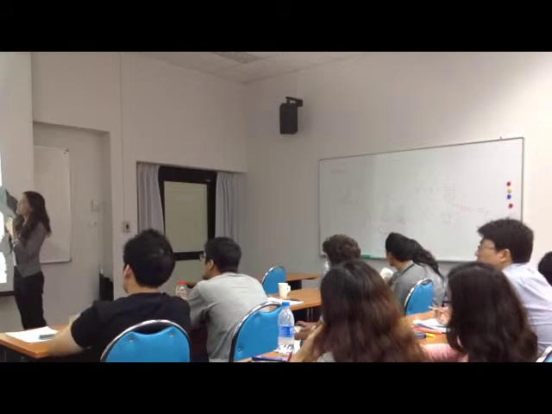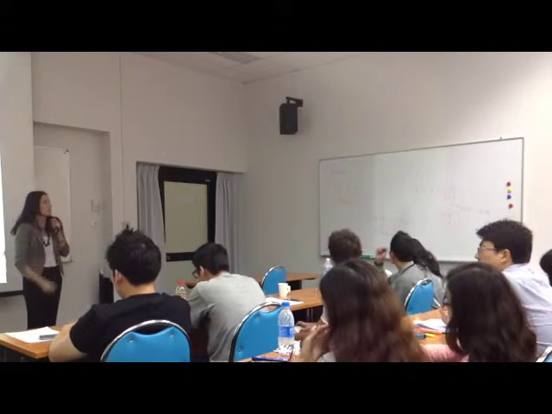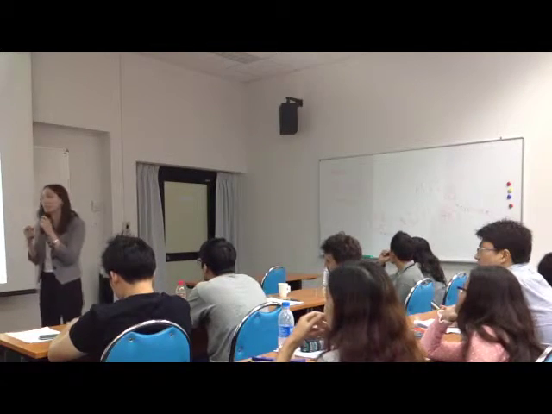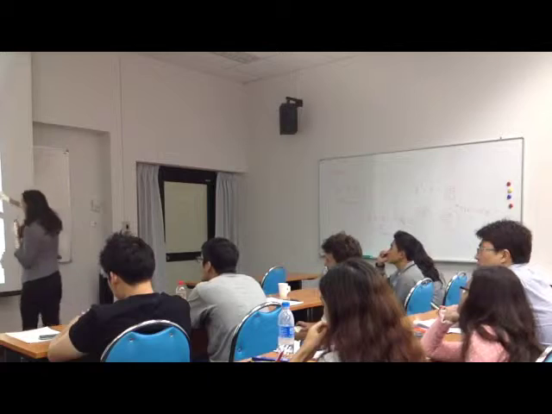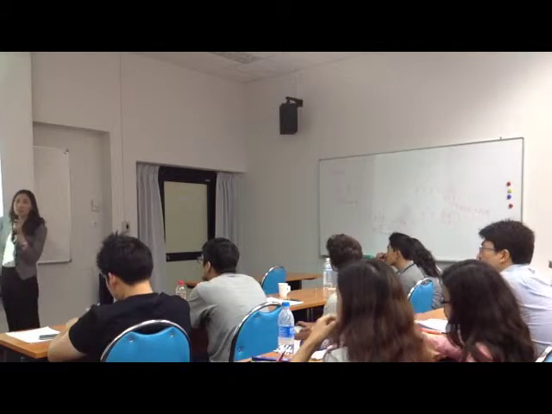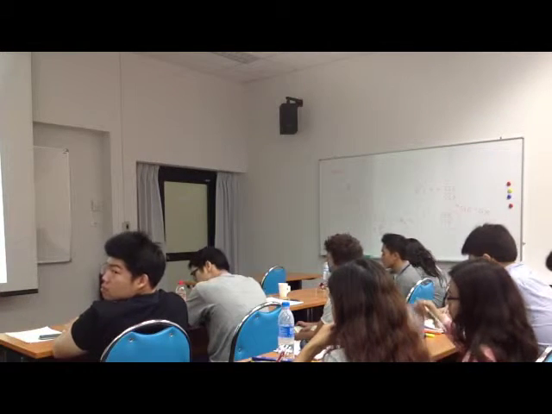But the F test statistic follows the F distribution with degrees of freedom k and n minus k minus 1. Similar to when we did ANOVA. You still remember ANOVA?